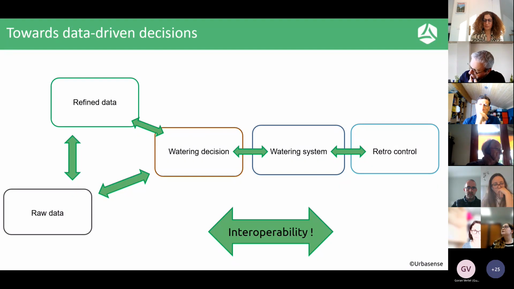And if it's not efficient, the job is to check why and to have a more efficient watering the next time. So it's really important, in these data-driven decisions, that we have interoperability between all the boxes you see here, so we can have all the information in the same place to take the good decision when it's needed. Next, please.